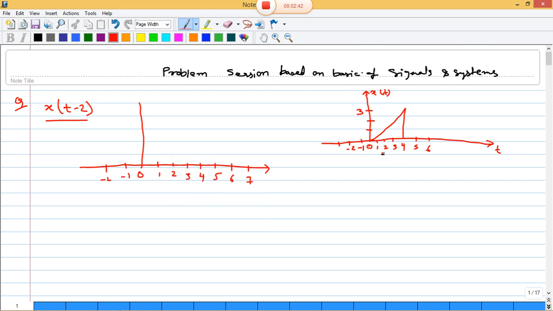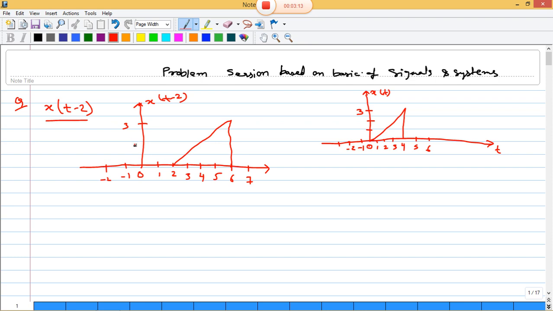So here 0, so 0 plus 2, it will start from 2, and 4 plus 2, it will end at 6. Okay. And this one will be the same as 3. So this signal is x(t - 2).